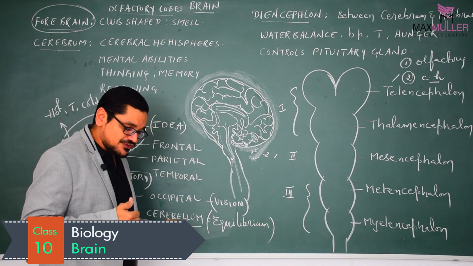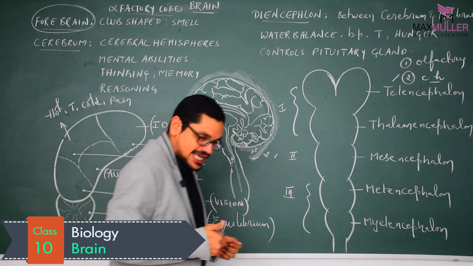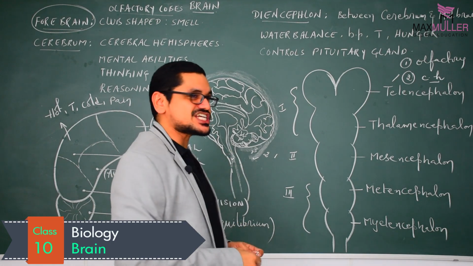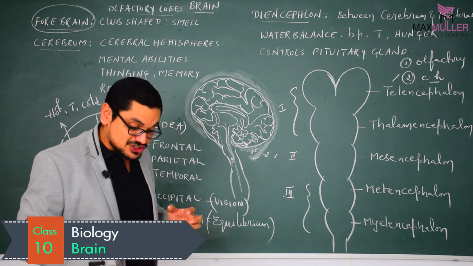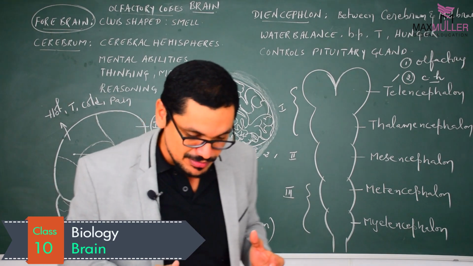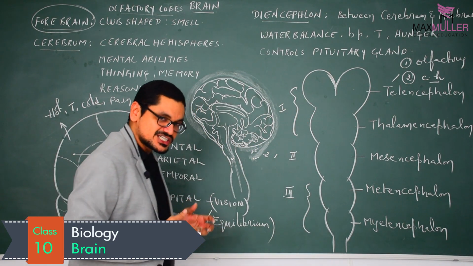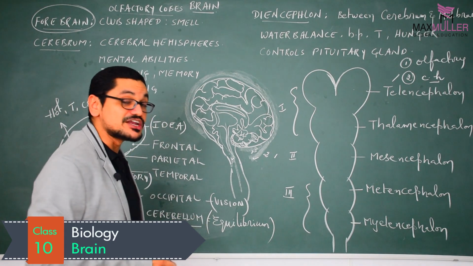For example, if I want to move from this area to this area, that initial signal is given by the cerebrum, but the coordinated movement is because of the cerebellum.